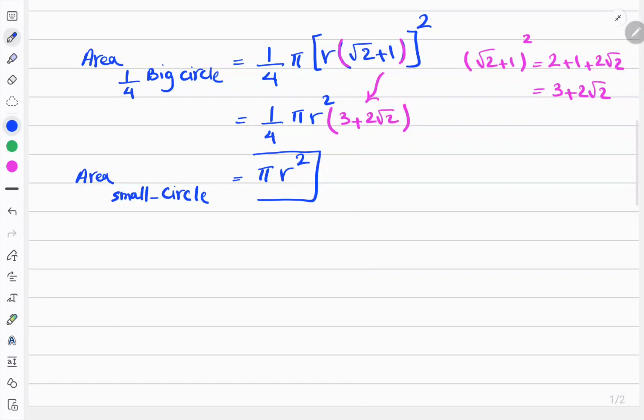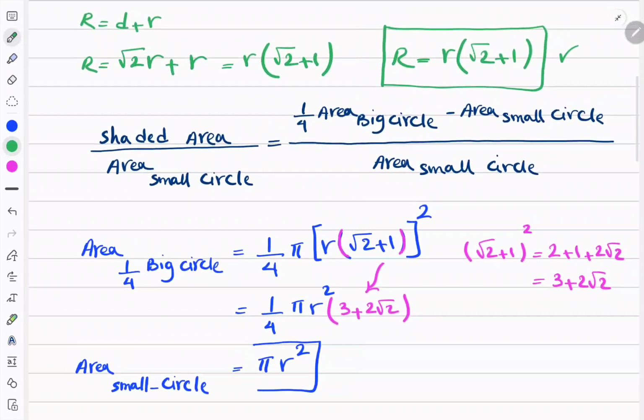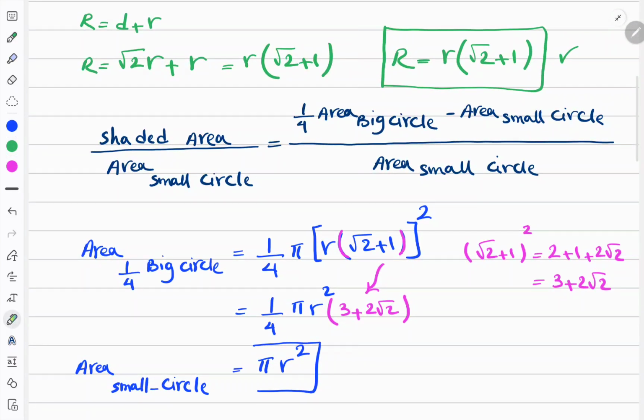Okay, so I'm just going to substitute these values into this formula.